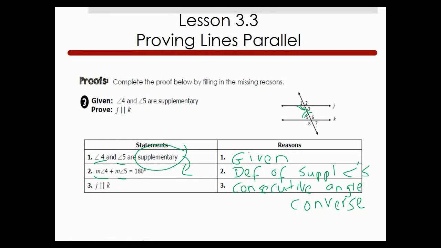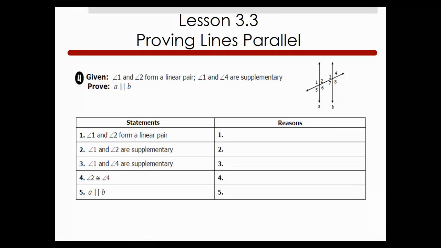So that was pretty simple. Let's try the next one. So it says angle 1 and angle 2 form a linear pair. So let's see. Right?